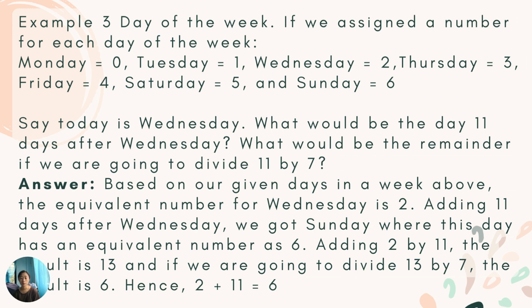What would be the remainder if we divide 11 by 7? Answer, based on our given days in a week above, the equivalent number for Wednesday is 2. And adding 11 days after Wednesday, we get Sunday, where this day has an equivalent number of 6.